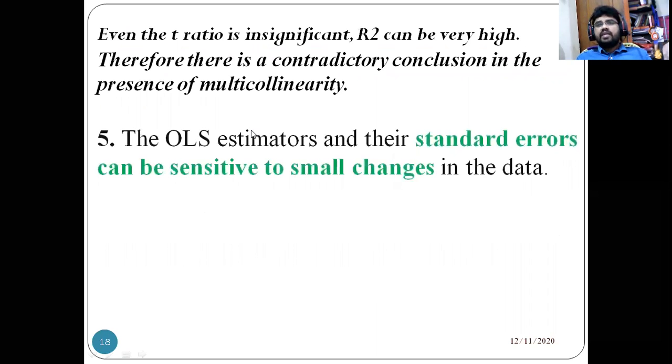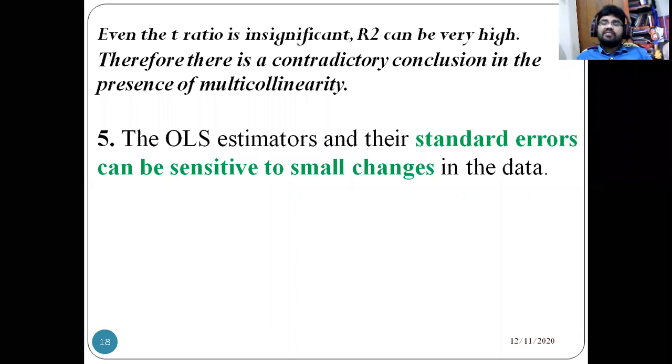For example, if the t ratios are insignificant, the R square can still be very high. Sometimes the particular independent variables are not influencing significantly, but R square can be high. So therefore, there is a contradictory conclusion in the presence of multicollinearity. I may give a good example for you in order to understand.